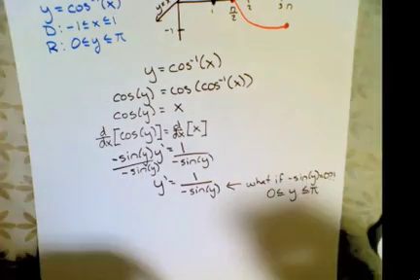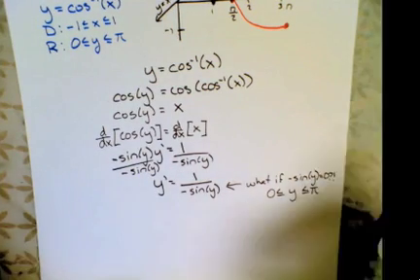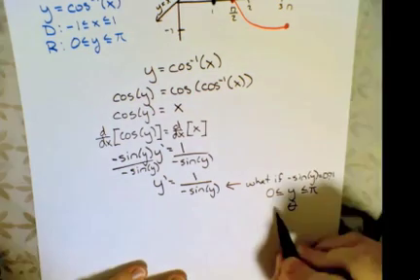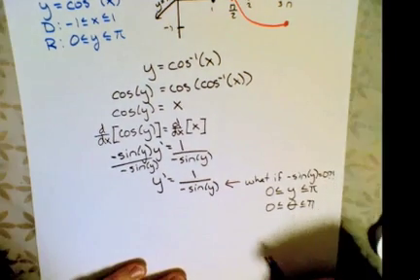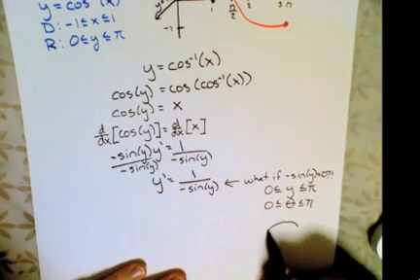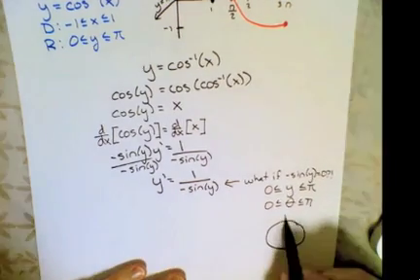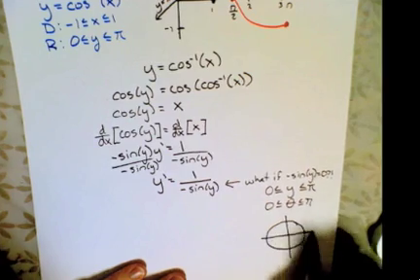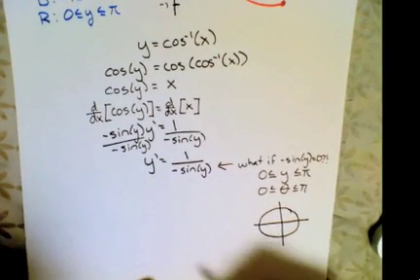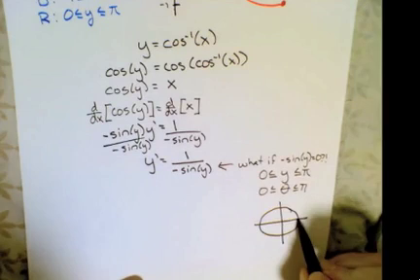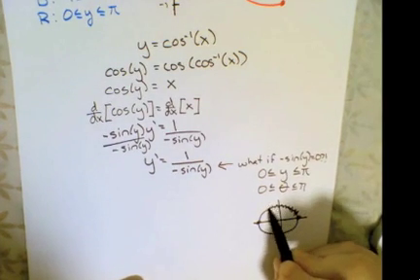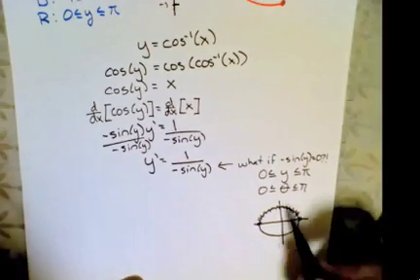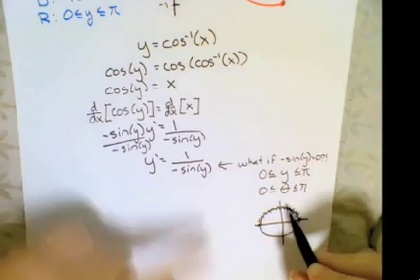Okay, now let's think of this in terms of some angle theta instead of y, because it starts getting confusing. Okay, I have some angle theta on the unit circle, and theta is in between 0 and pi. So theta is all this stuff. And we're interested in the sine value of theta.